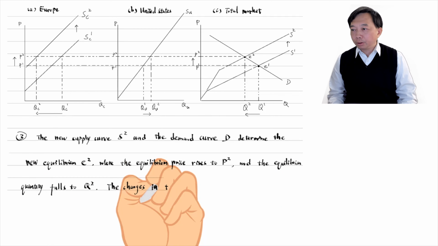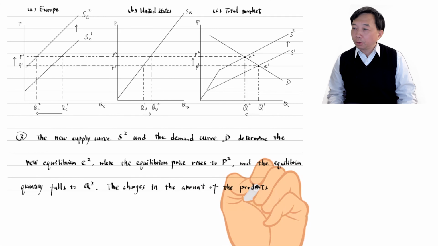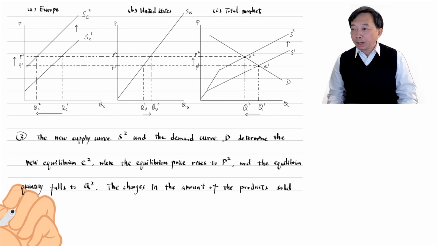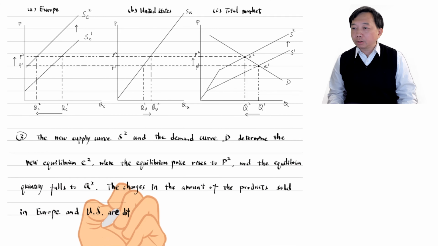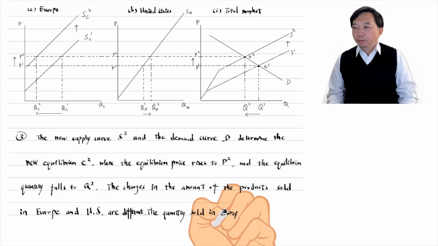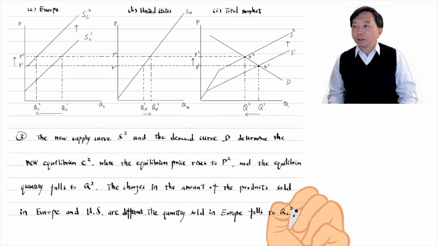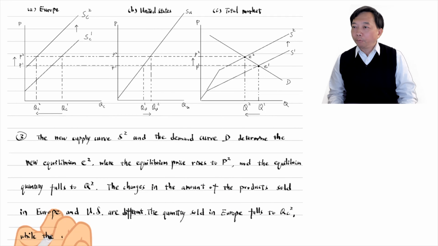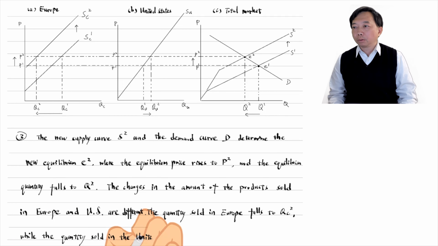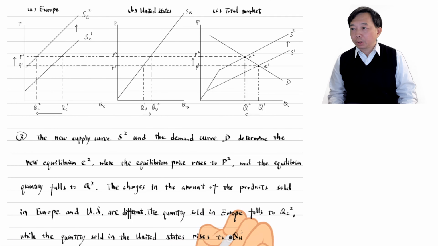The changes in the amounts of the products sold in the European and the United States markets are different. The equilibrium quantity sold in the European market falls to QC2, while the quantity sold in the United States market rises to QU2.